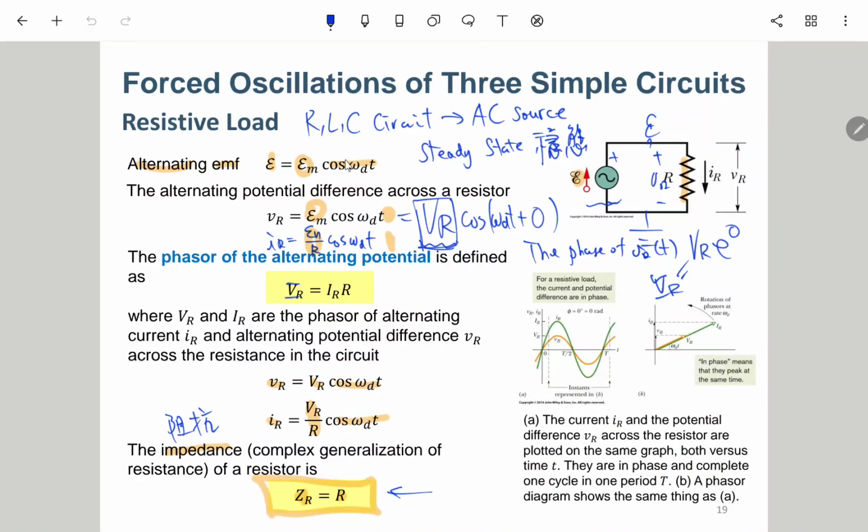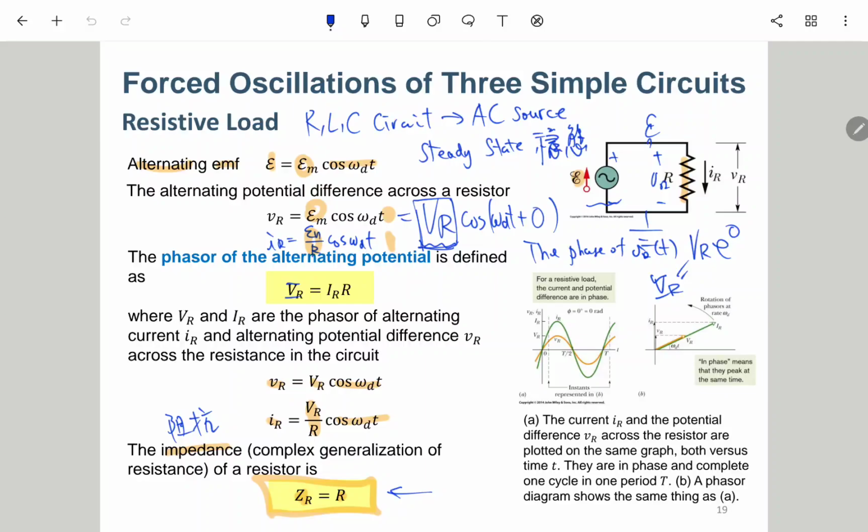If you like, you can also write a second order ODE to describe the series RLC circuit with the AC source, solve for the complementary solution, then the particular solution, add them together, and plug in the initial condition to find the complete solution. But this procedure is quite tedious.